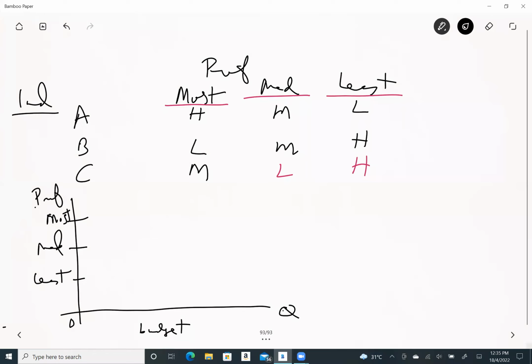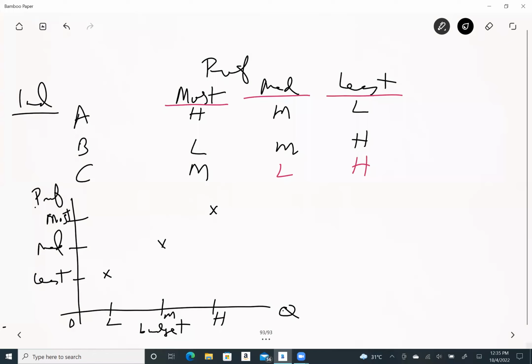Okay. Now we draw the graph. So here I have low budget, medium budget, high budget. So for A, all right, most preferred is H. Medium preferred is M. Least preferred L.